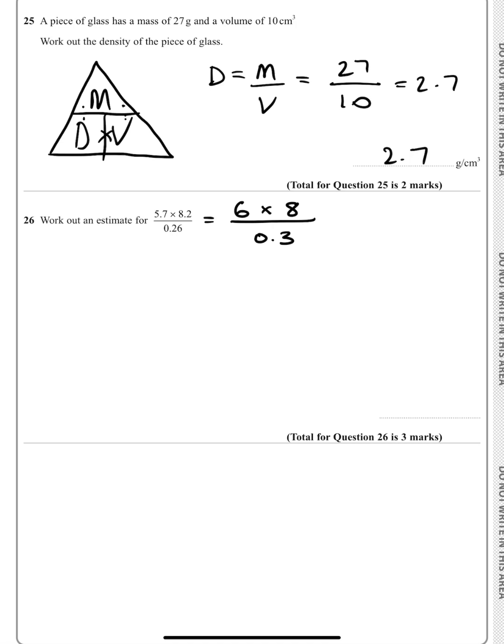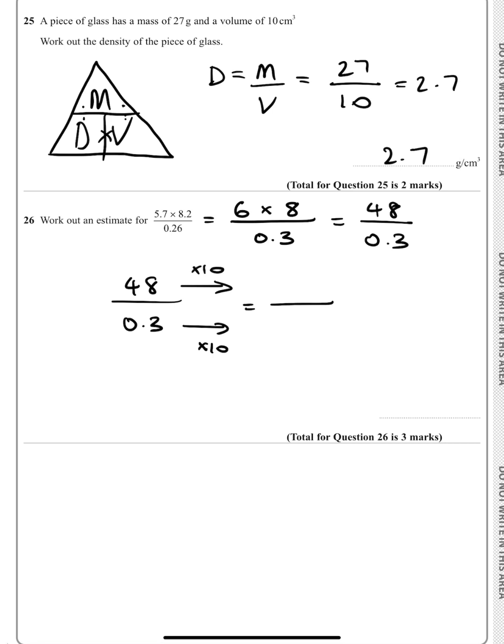So now I can do 6 times 8, which is 48, over 0.3. So I need to work out an answer to this. So because I'm dividing by a decimal now, I'm going to convert that decimal into an integer as well by multiplying by 10. So if I multiply the bottom by 10, I'd need to multiply the top by 10 as well.